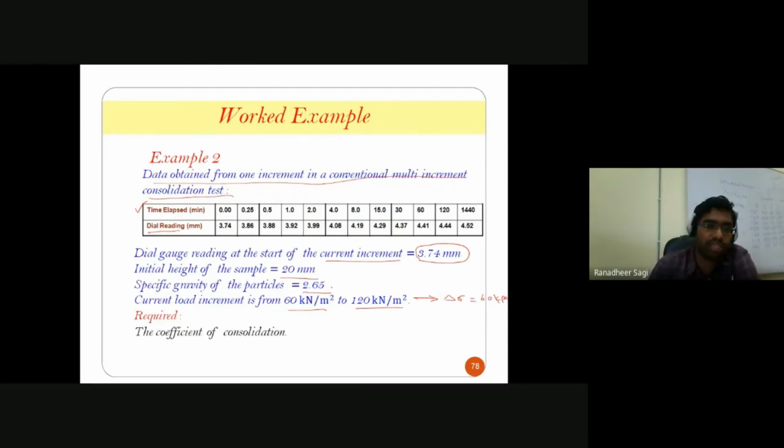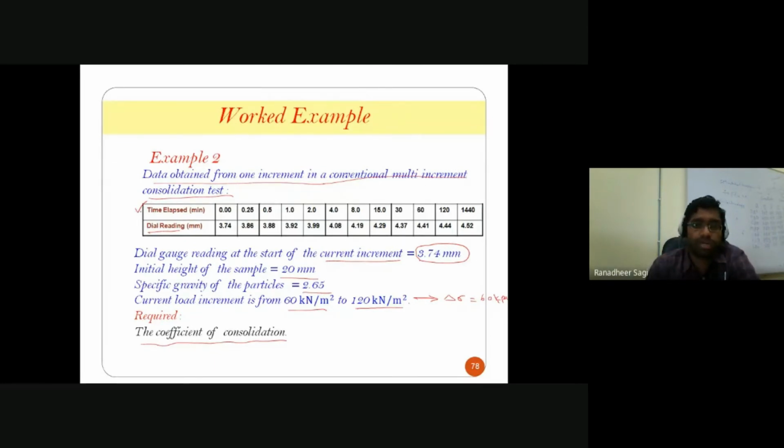This is the data given, and what you are asked to determine is the coefficient of consolidation of that particular soil. We can determine the coefficient of consolidation either by the square root time method or by the logarithm of time method. If I am required to plot a graph, which graph is to be plotted?